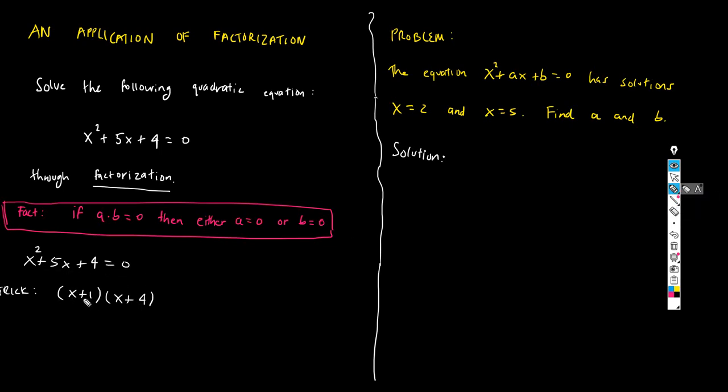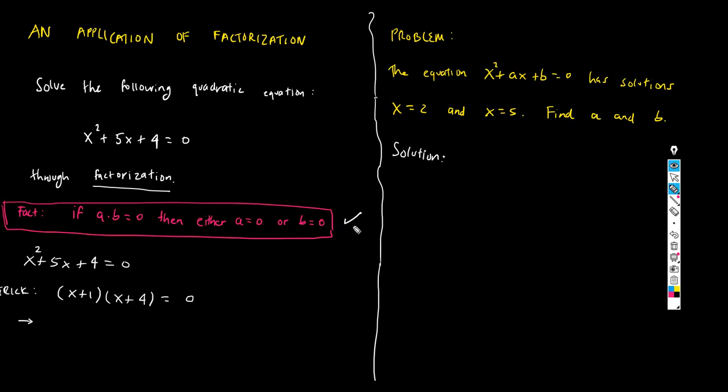If this is equal to this, and if this is equal to 0, then this is equal to 0. You see what I did? I just represented this trinomial in its factorized form. Okay, for what? Because now I can apply this fact, guys.